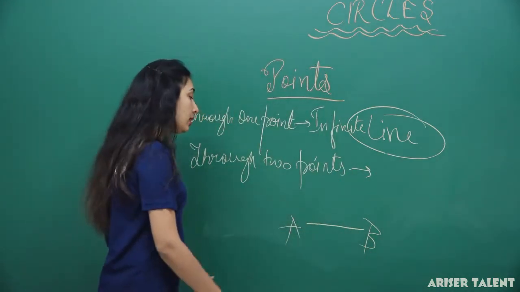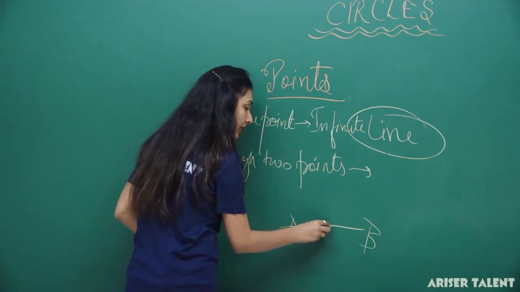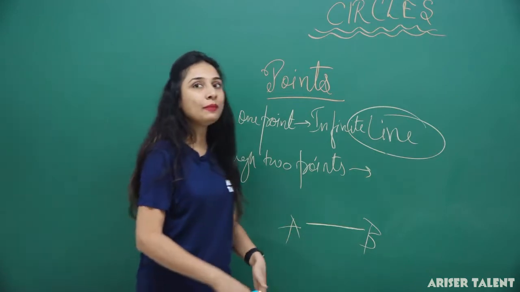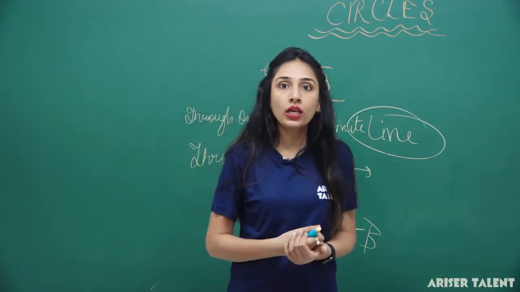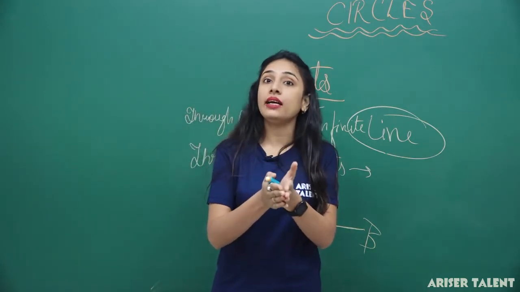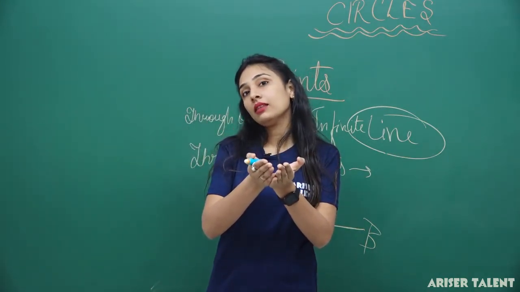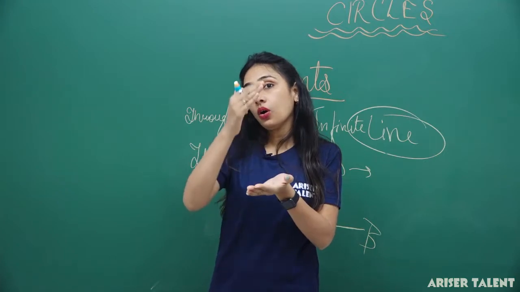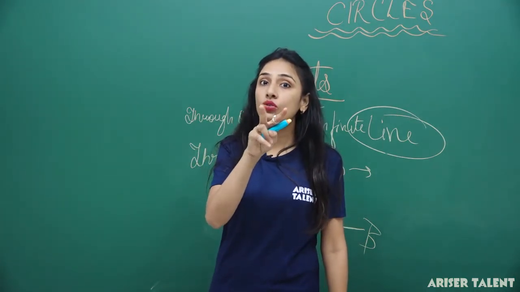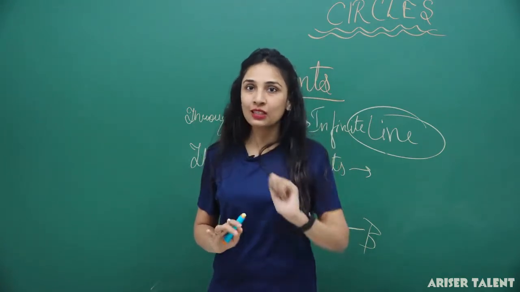Whatever line I draw after that will just overlap that particular line. That means it is the same line. So we have studied that we can draw only one line through 2 points. This is something specific.